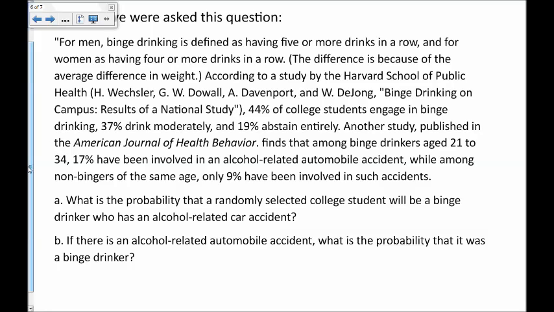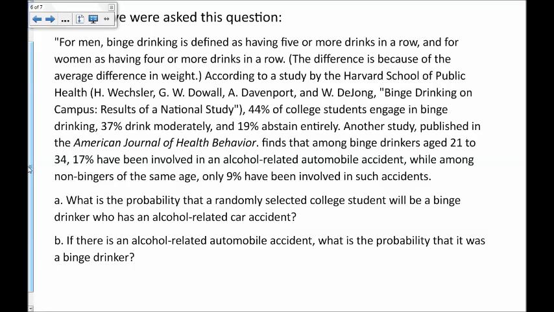Another study published in the American Journal of Health Behavior finds that among binge drinkers aged 21 to 34, 17% have been involved in an alcohol-related automobile accident, while among non-bingers of the same age, only 9% have been involved in such accidents.